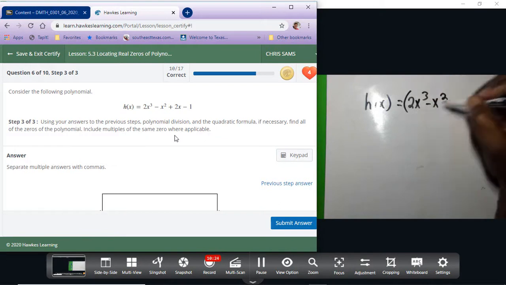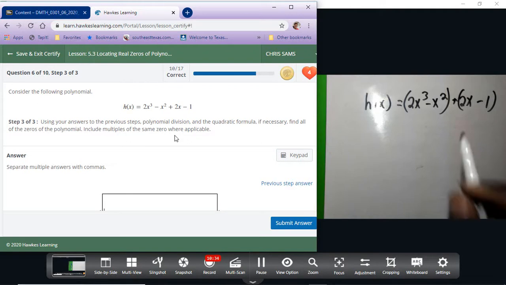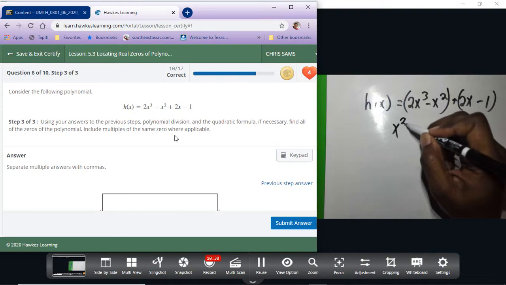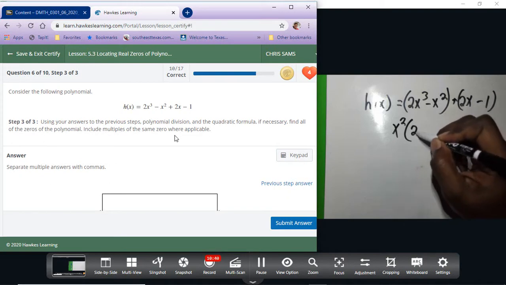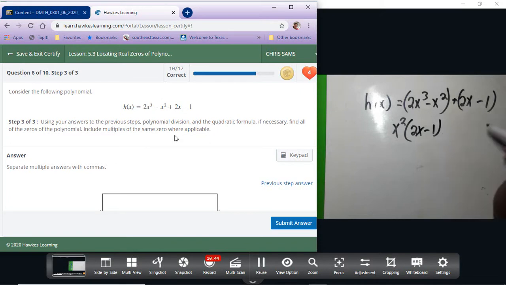We're going to group the first two together, and then we have 2x minus 1. Group those two together. These two we can factor out an x squared, and what we have left is 2x minus 1. And notice this is already 2x minus 1, so we're just going to factor out a 1. Okay.